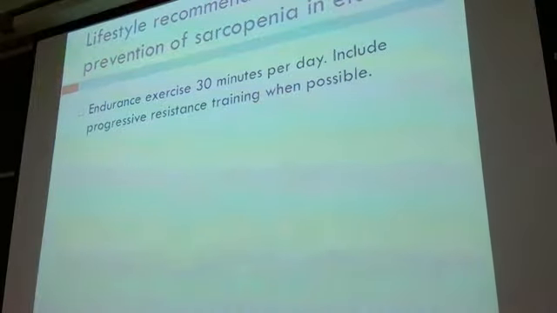So, not surprisingly, endurance exercise is recommended, which should be 30 minutes or 60 minutes or 90 minutes a day, however much time you can devote to it. But, as I discussed earlier on, this will help the type 1 fibers and not necessarily the type 2, but it can certainly help maintain muscle strength and stability, which is one of the important factors that influence the risk of sarcopenia in elderly folks.